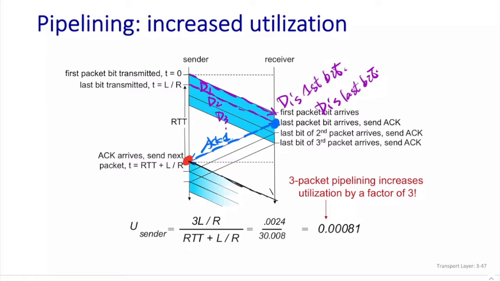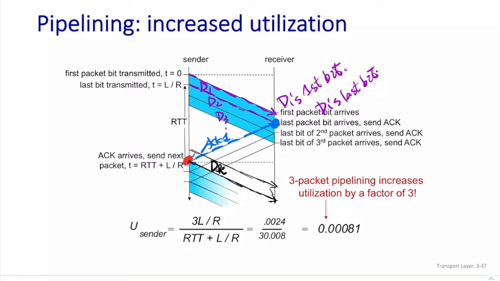You can draw it right here. You simply write another line right here, and we assume that is Dk, the kth packet sent by the sender. At this red point, it happens to be the last bit of Dk.